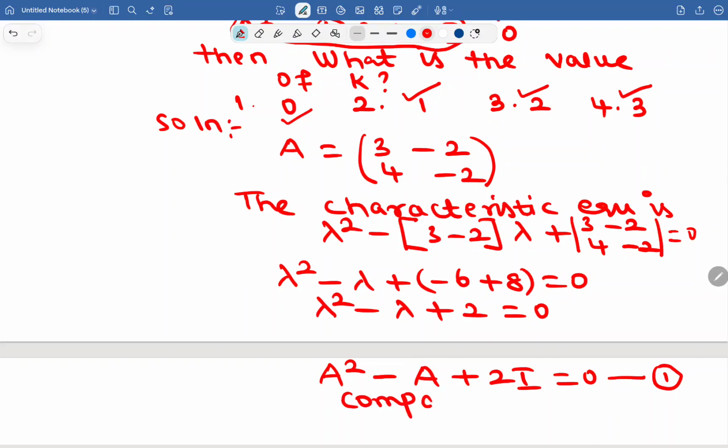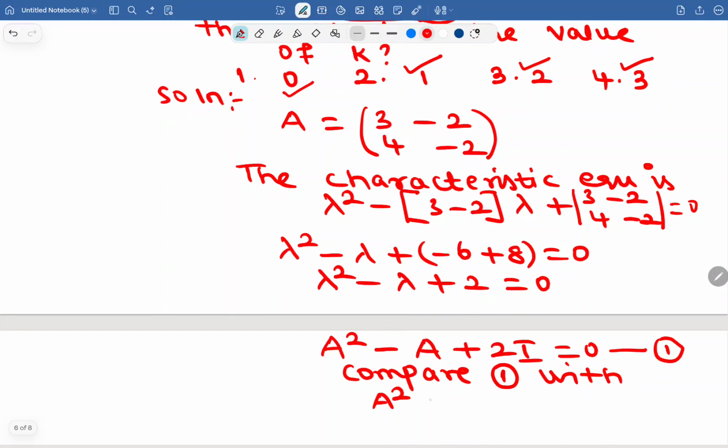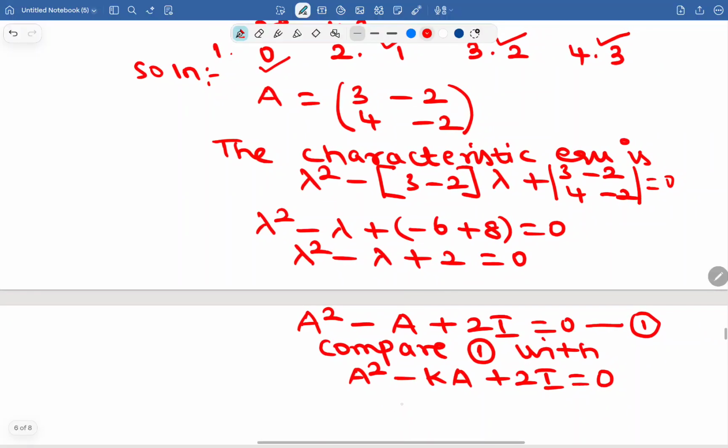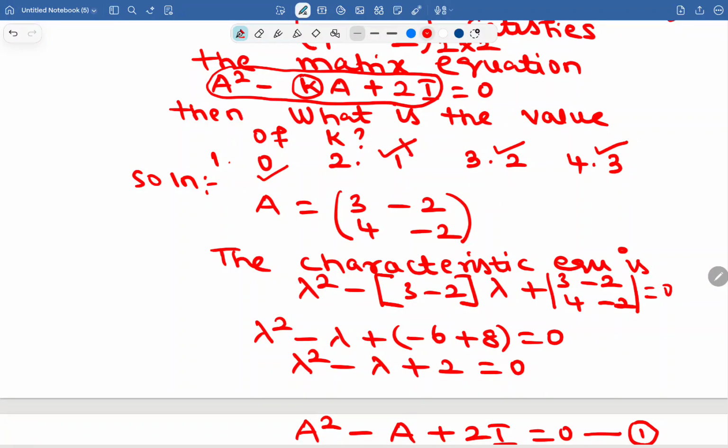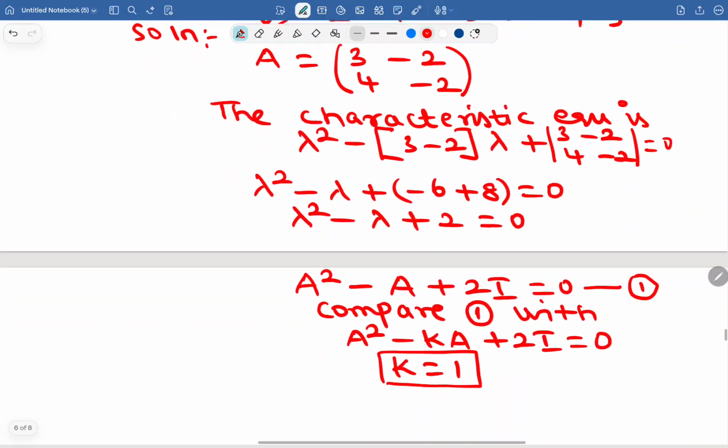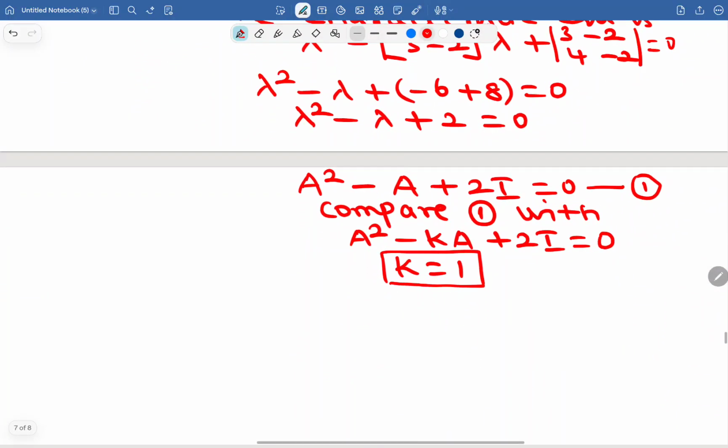Compare 1 with A square minus kA plus 2I equal to 0. If we compare, k is nothing but 1. For this problem, option 2 is the correct one. Now I am going to discuss the fourth problem.